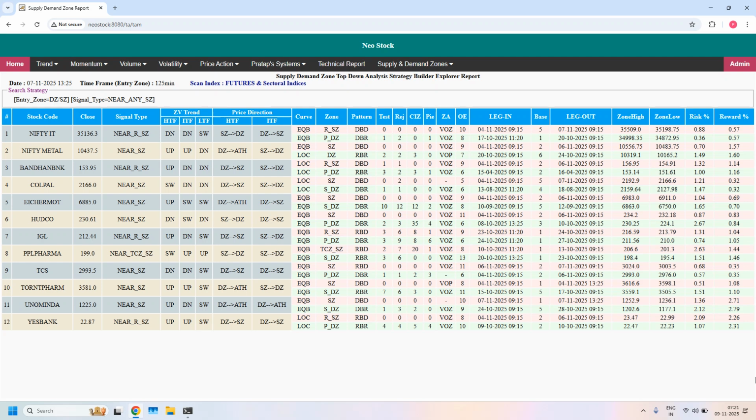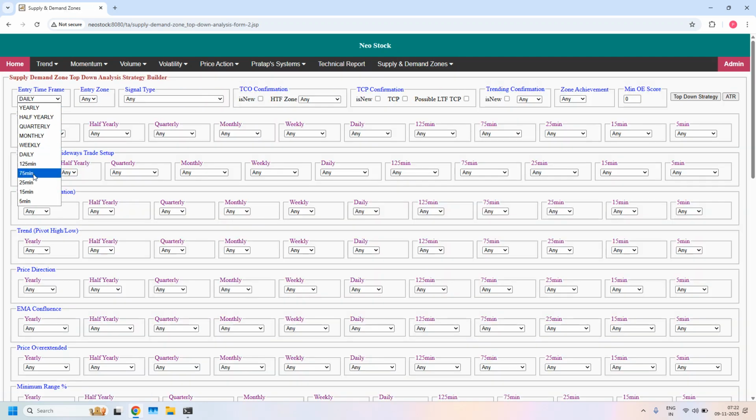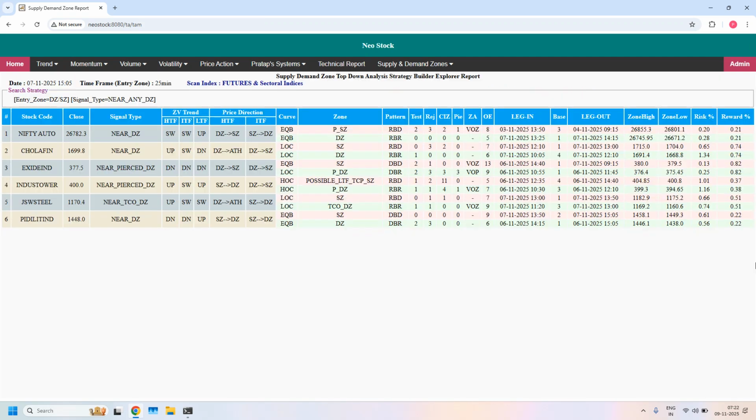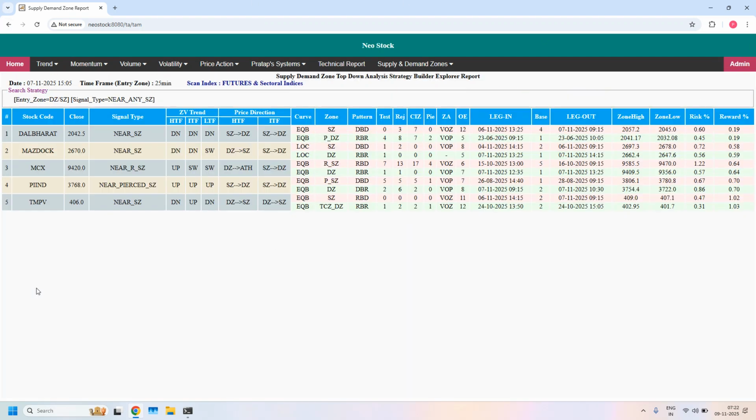Next time frame 75 minutes already generated in the beginning of the report. So the next time frame is 25 minutes. Stocks near 25 minutes demand zone. We got 6 stocks. Next stocks near to the 25 minute supply zone. We got 5 stocks.